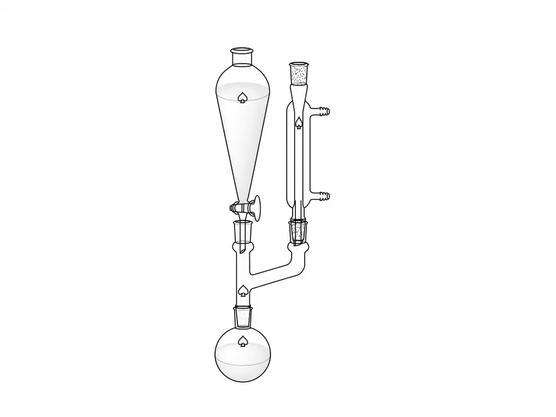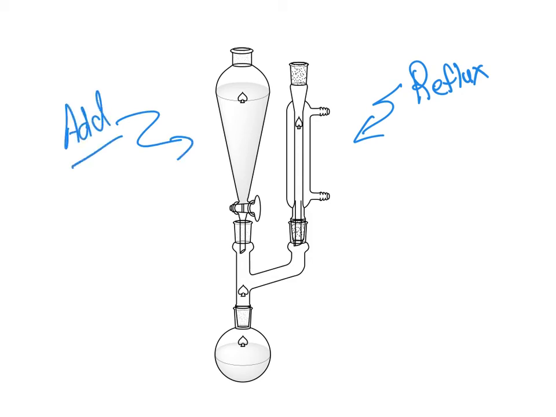Our reaction apparatus is going to look a little different than we've used before. We want to be able to reflux, but simultaneously we want to be able to add. And so we're going to set it up using the Claisen adapter. This piece of glassware is called the Claisen adapter.